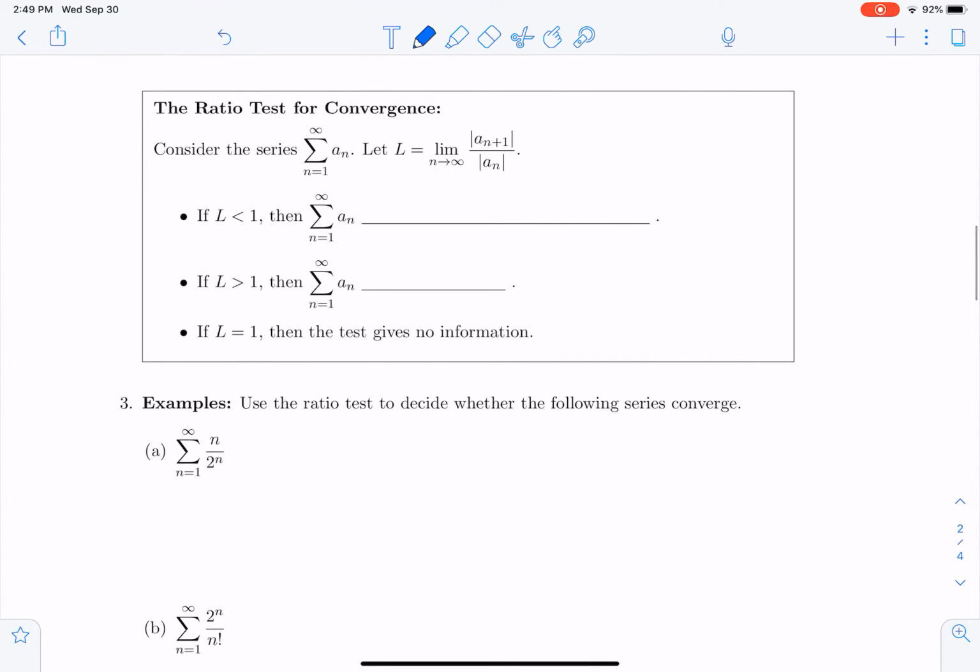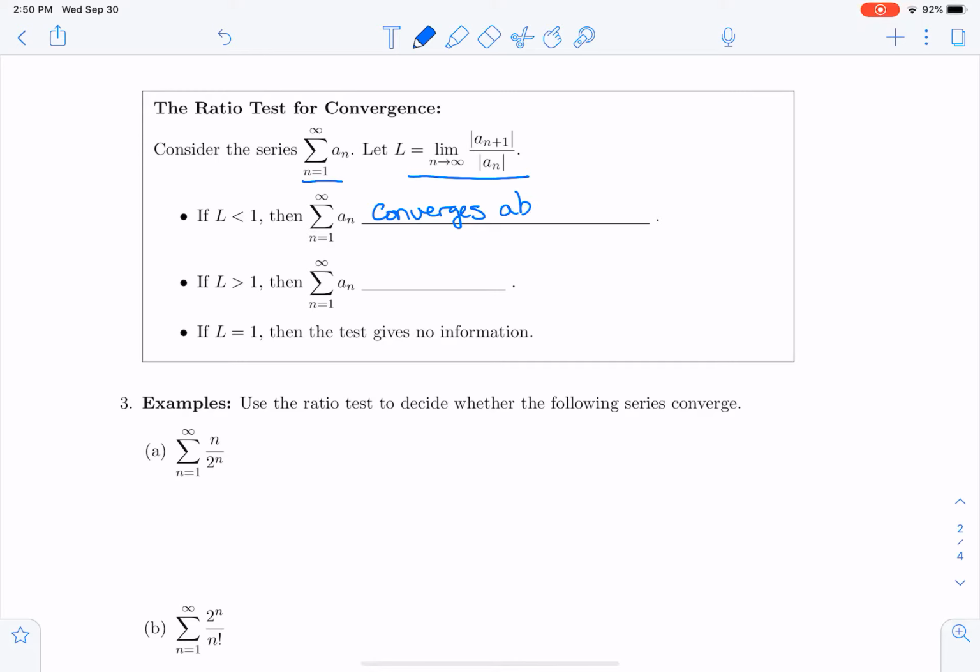And so now I want to put all of these together so that we have the ratio test for convergence. So we have a series, the sum from n equals 1 to infinity of a sub n, and then we're going to let L be the limit of the ratio of the terms a sub n plus 1 over a sub n. Okay? If L is less than 1, the series converges absolutely.